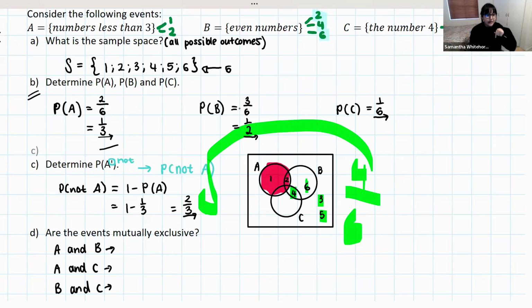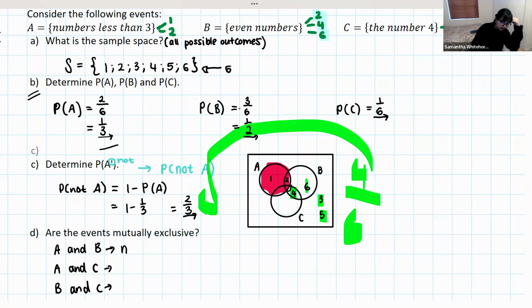Now, this is where a Venn diagram is helpful, because for me in my head, to substitute all of that into my probability rule and then work out whether or not there's an intersection seems like a mission. Whereas with a Venn diagram, I can clearly see if there's an intersection that exists or not. So between A and B, I definitely have an intersection. Remember, 2 was in both of them.